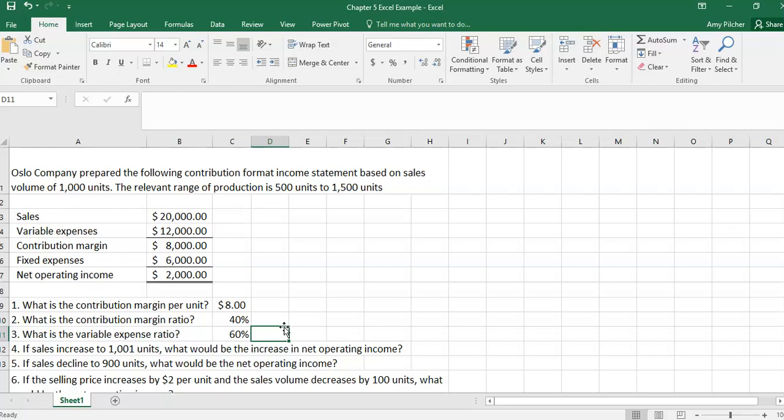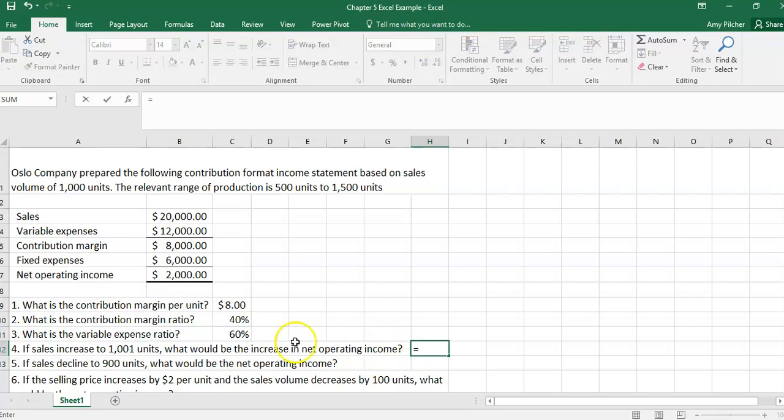Number 4 says, if sales increase to 1,001 units, what would be the increase in net operating income? The increase in net operating income is the contribution margin per unit times the increase in unit sales.